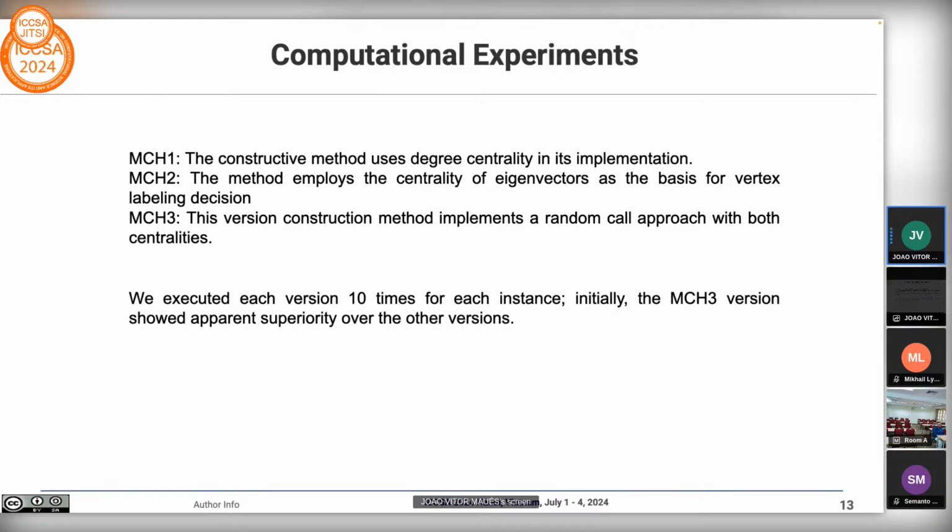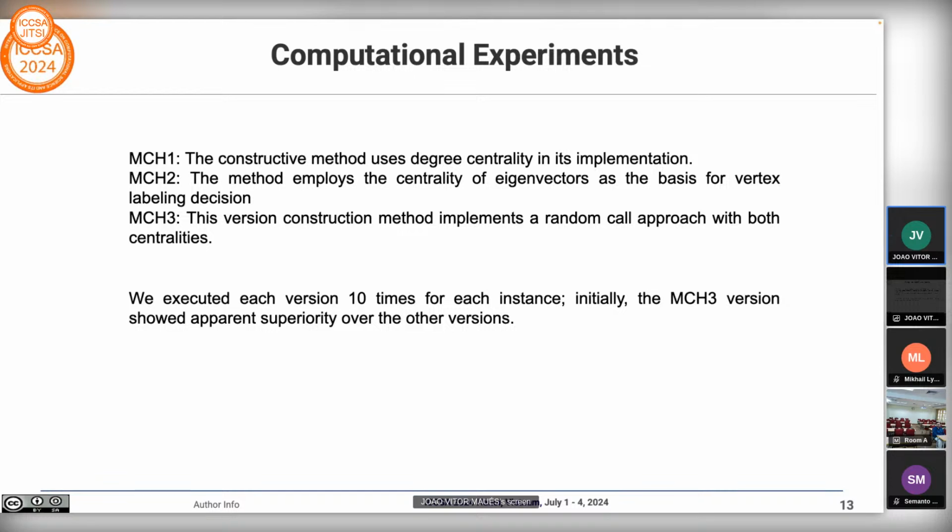The second method employs the centrality of eigenvectors as the basis for vertex labeling decisions, and in the third version the method implements a random call approach with both centralities. We executed each version 10 times for each instance.